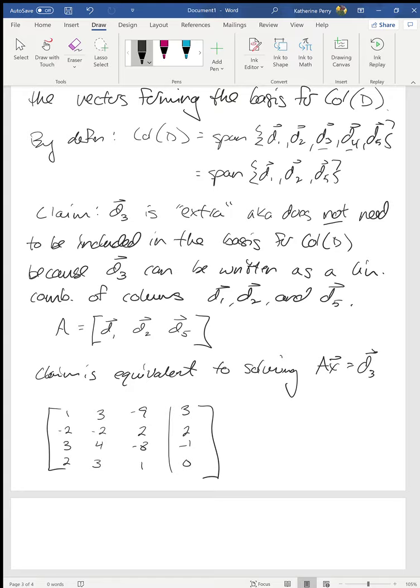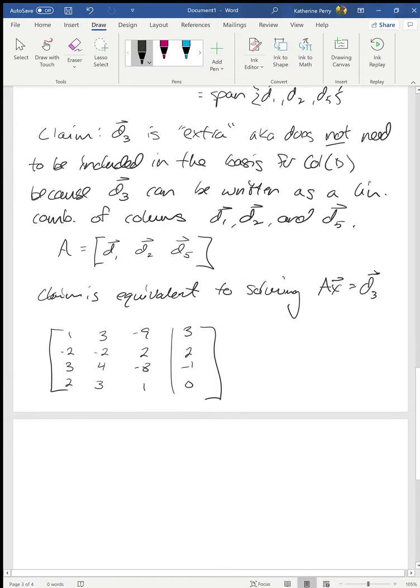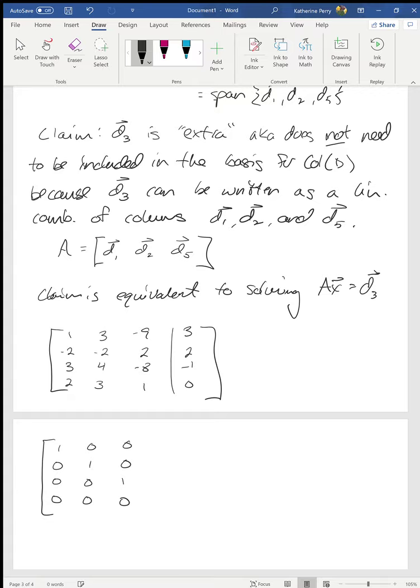And if I do that, and I row reduce this, I end up with the following. So I have 1, 0, 0, 0, 0, 1, 0, 0, 0, 0, 1, 0. And then I have a minus 3, 2, 0, 0.